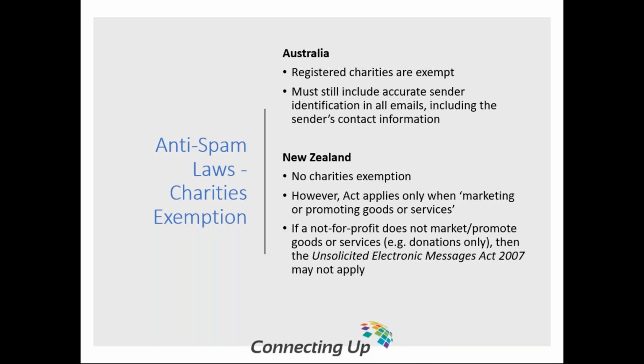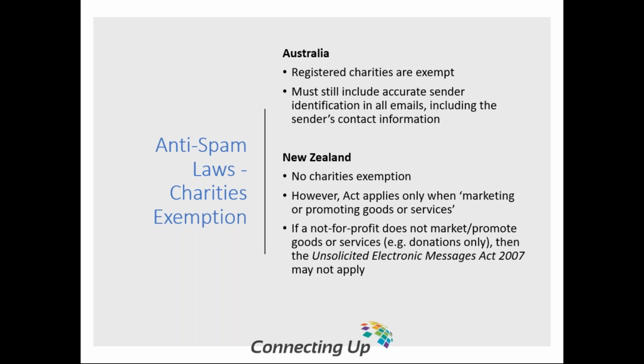So that means that in terms of your marketing communications, you are back under the Privacy Act, and just think about those provisions under APP 7 about direct and indirect collection, and making sure that you have the statement or the opt-out, depending on the reasonable expectation, and the anti-spam laws don't apply to you. You still have some obligations though to include accurate sender identification in all emails, including your contact information.